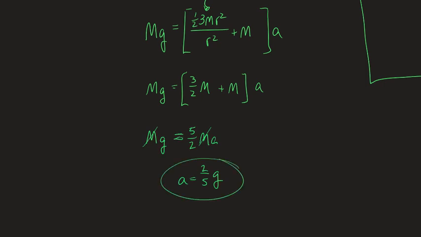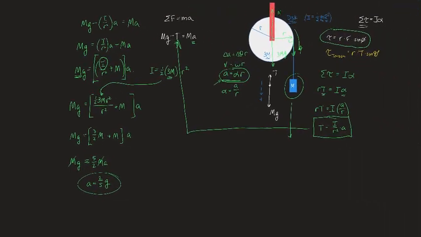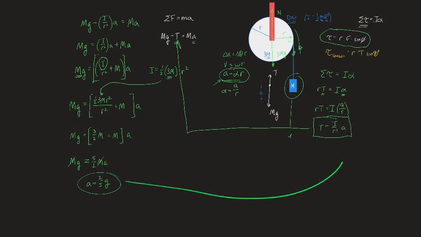Just like before, we can get an expression for the acceleration. And if we can get an expression for the acceleration, we can use it to figure out other stuff about our system. Like we could put it back over here and figure out what the tension is, stuff like that. This is a pretty standard Newton's second law question.